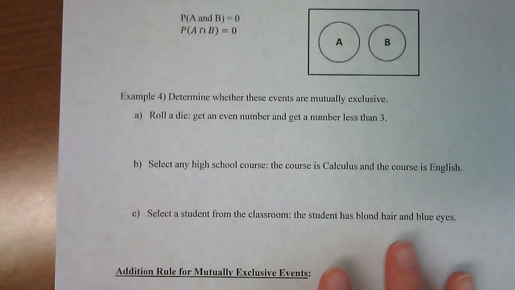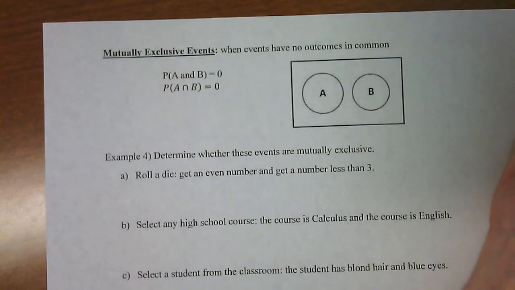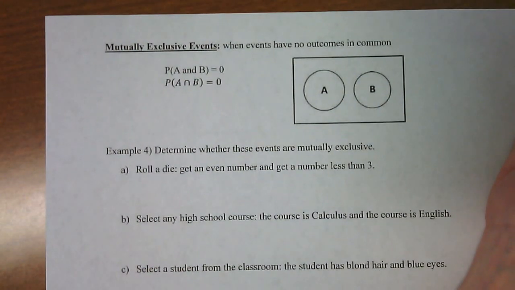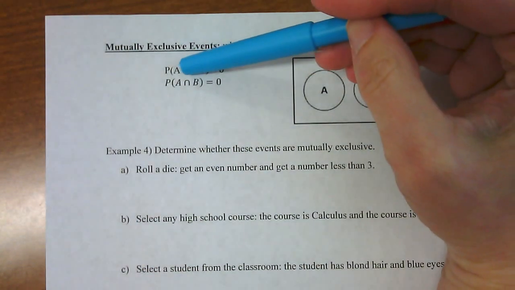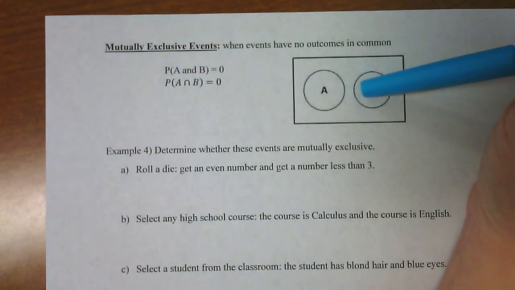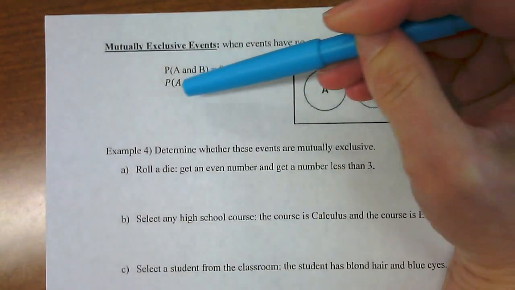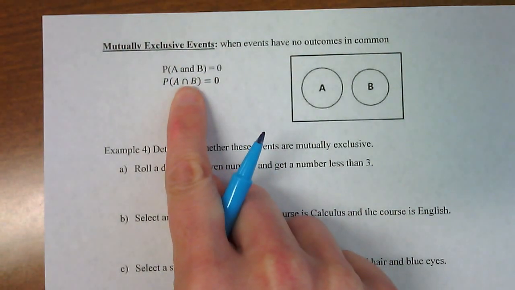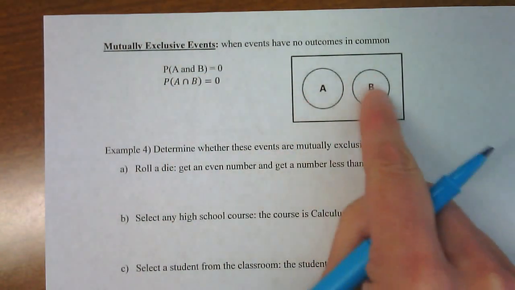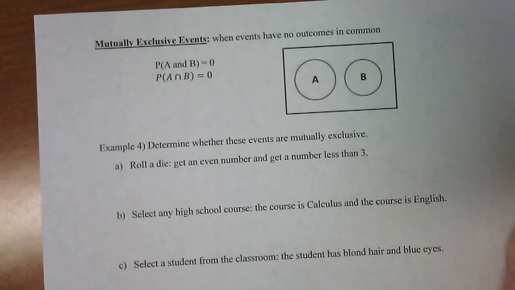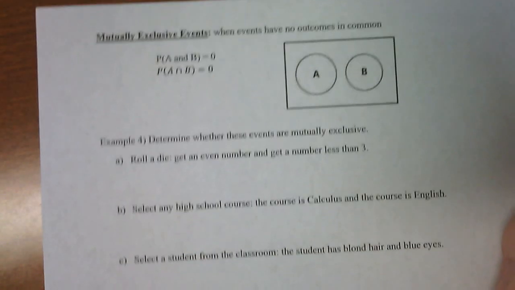Alright, then we have mutually exclusive events. Mutually exclusive events are when events have no common outcomes. So if I can't have A and B happen together, there's no overlap, there's no intersection. Remember, this symbol means intersection. They don't intersect at all. Okay, so it says determine whether these events are mutually exclusive.